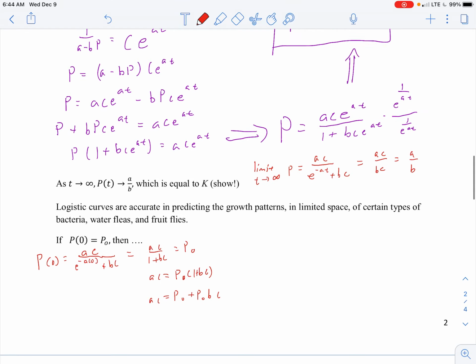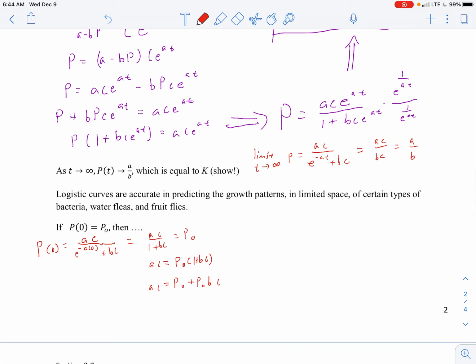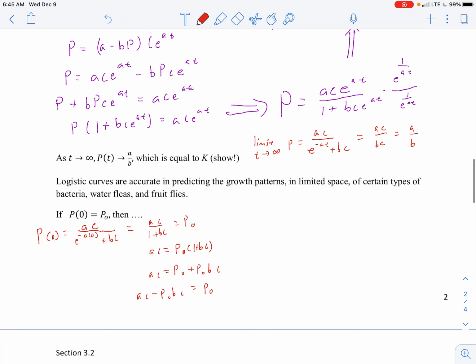Let's bring over the P sub 0 BC to the left-hand side. So it's AC minus P sub 0 BC is equal to P sub 0. And pull out a C. If we pull the C out, we're left with A minus P sub 0 times B equals P sub 0. And so we found our constant. Our constant is going to be C is equal to P sub 0 all over A minus P sub 0 B.